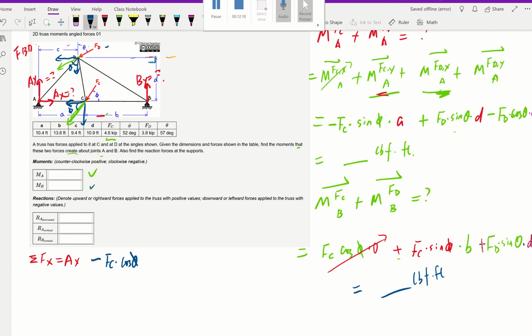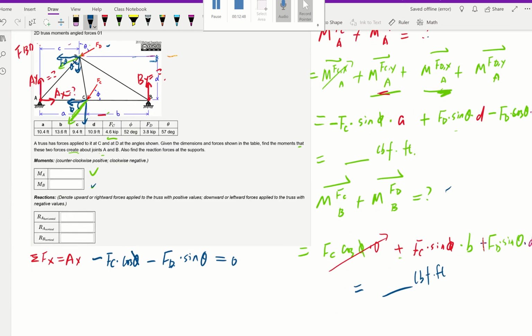The FD also has an X component, which is FD times sine theta, because this angle is theta. It's opposite, like you did in the problem right here, right? And it's also pointing to the left, so that's negative. All those add up to be equal to 0, because BY is strictly a Y direction.